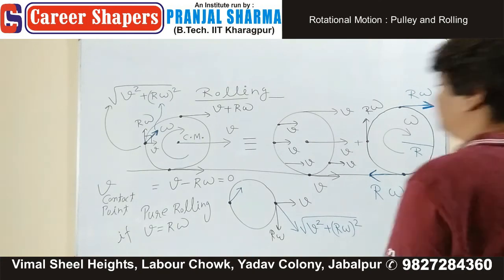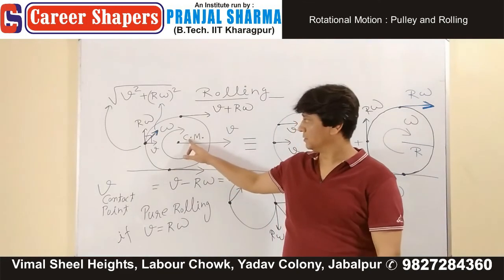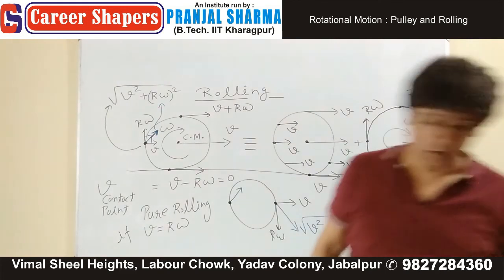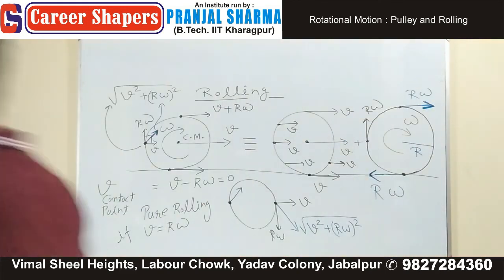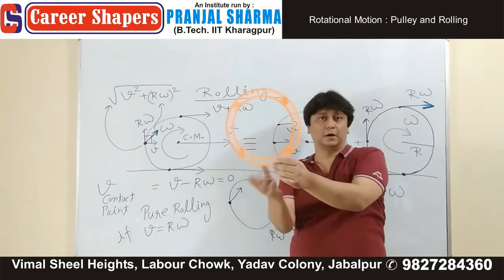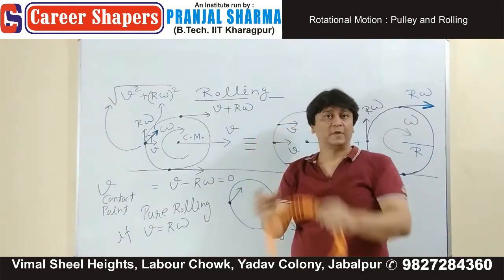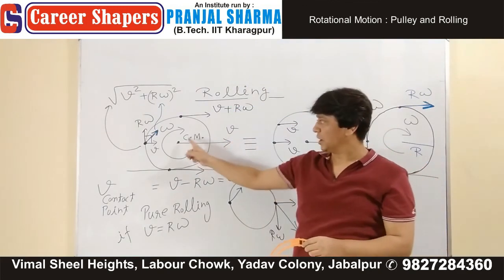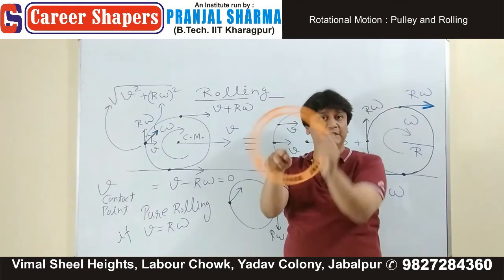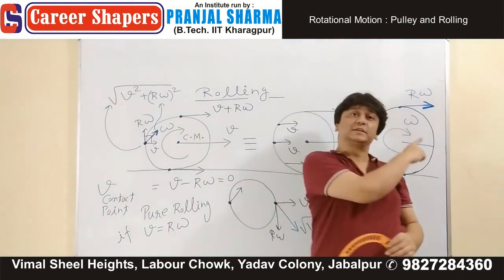Let me answer this. What is V? Velocity of the center of mass. So if you have a wheel like this, look at only this part. What is V in this case? When I say V, it means the velocity of the center of mass. In this situation, the center of mass has no velocity. In circular motion, V is always R omega. Which V is that? Tangential.